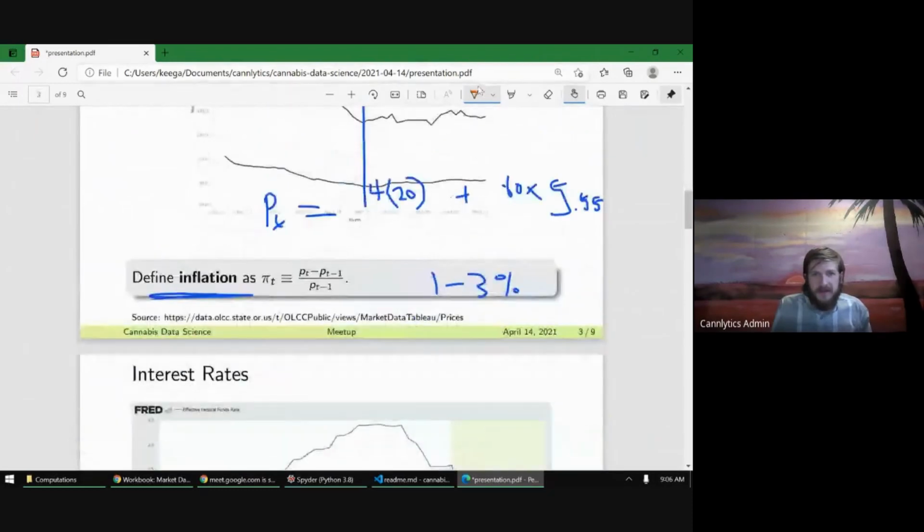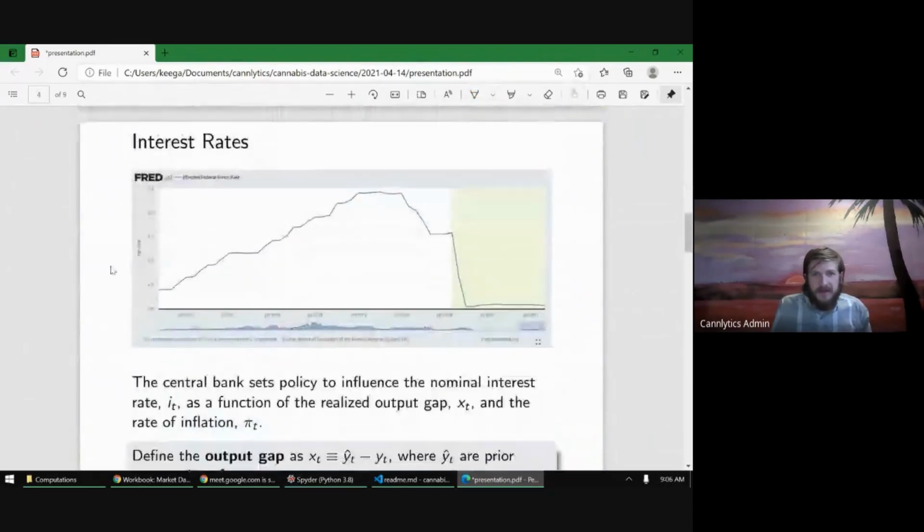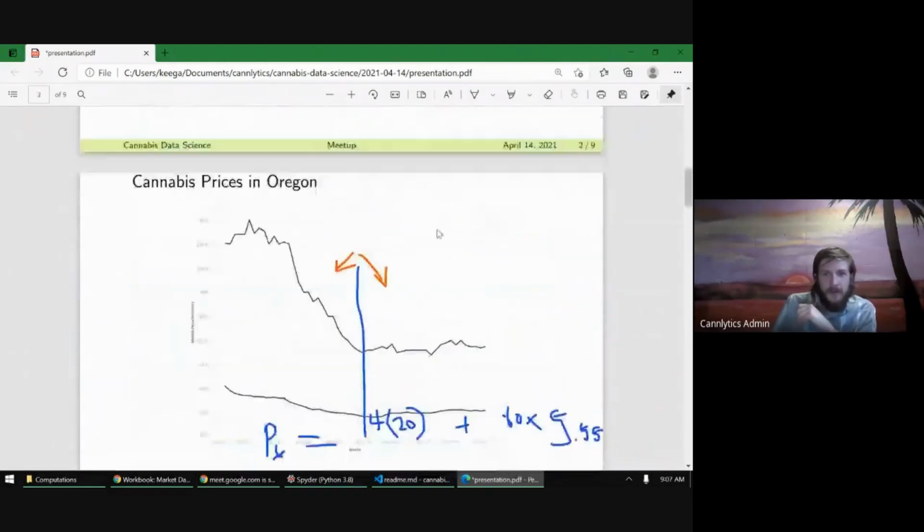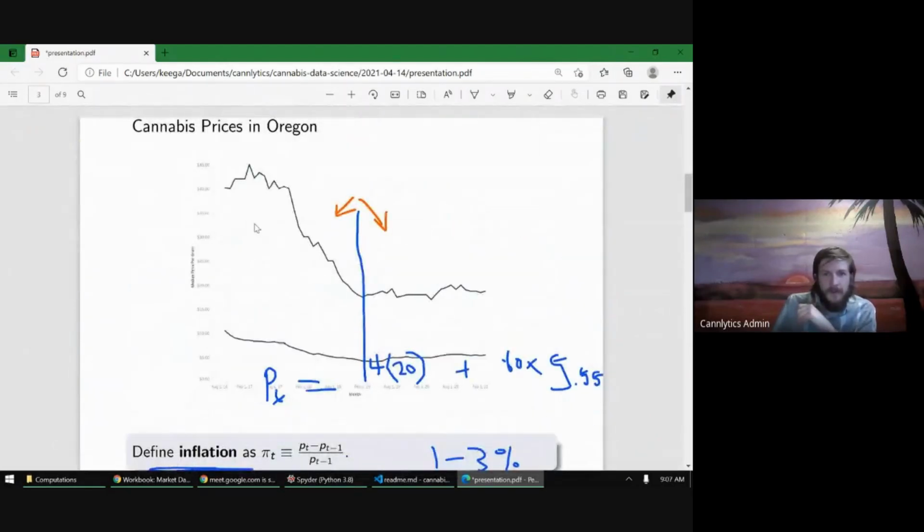And just to show you a bit more of the economic analysis that would go into this. During this same time, keep in mind that economics would suggest that prices, even in the cannabis industry, would be affected by the interest rate. And essentially during this time, it's real interesting, right?